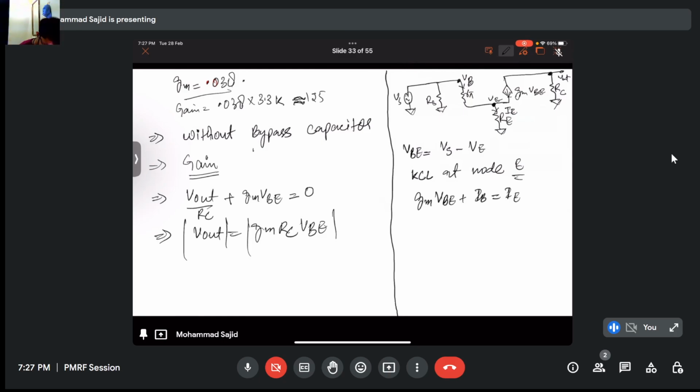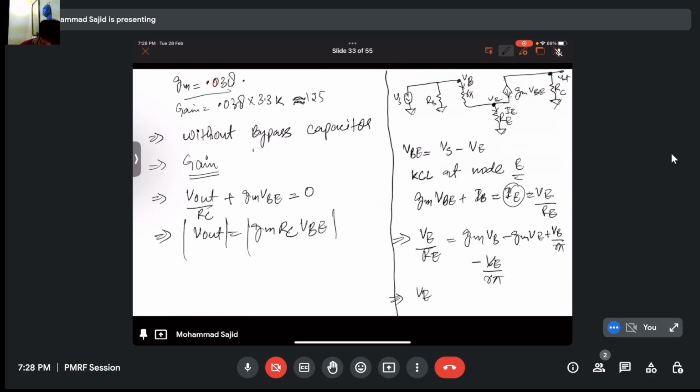So this VE IE, you can write it as VE by RE, right? So what will happen is, VE by RE is equivalent to GM times VB minus GM times VE, and your IB is again equal to VB by R pi minus VE by R pi, right?